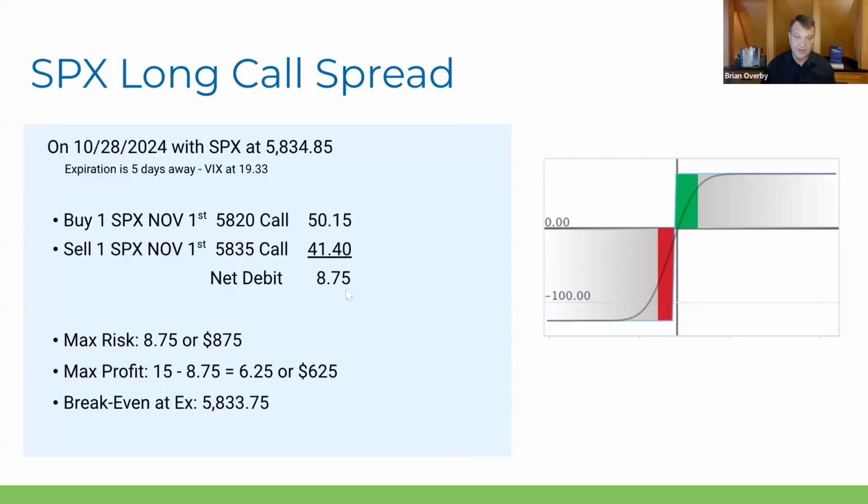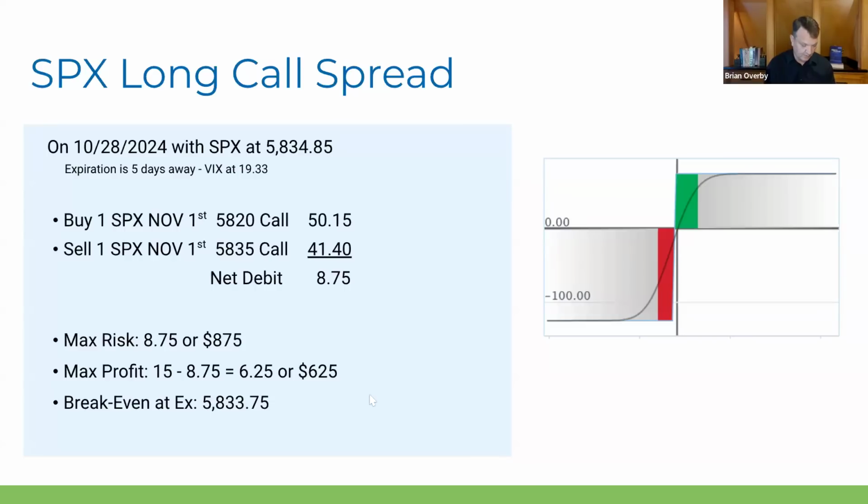So the max risk is $875. The break even is this price plus this price. So at expiration, it would be, did I screw that up then too? 58.33.